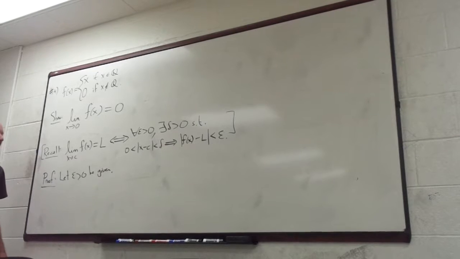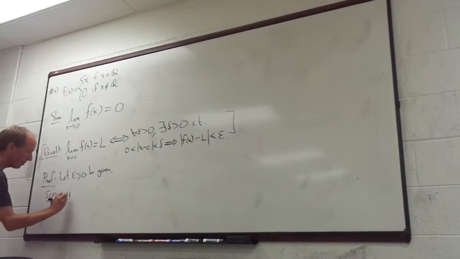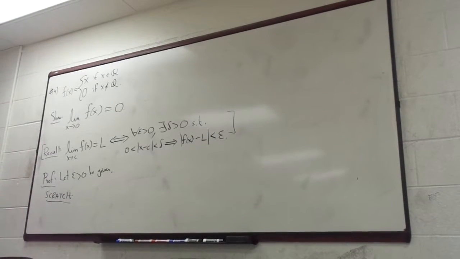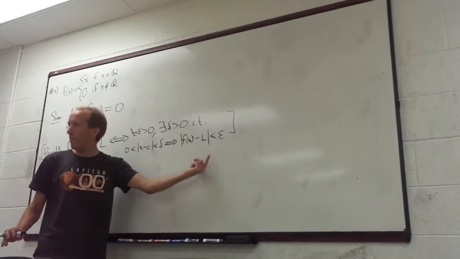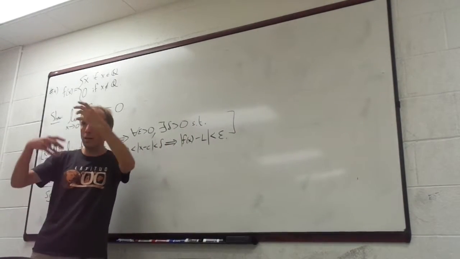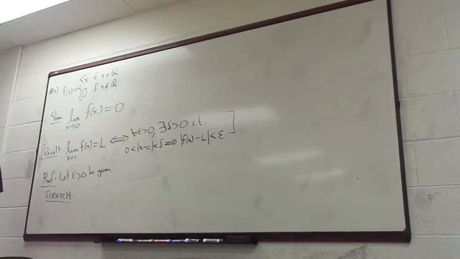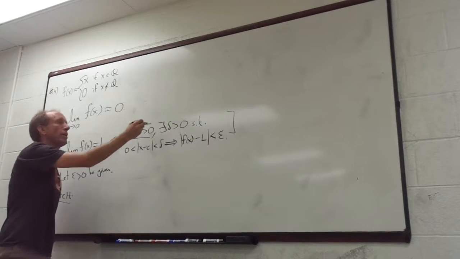No, it's okay. Okay, so epsilon greater than 0 we're given. And then what we need to do is do the scratch work, right? Just remember this from Wednesday? How does the scratch work work? Well, we put absolute value of f of x minus L less than epsilon and try to solve it for delta, because given the epsilon, we're trying to find the delta.